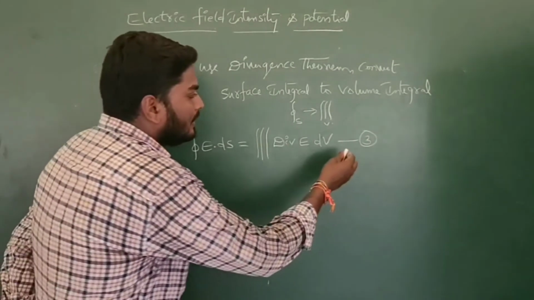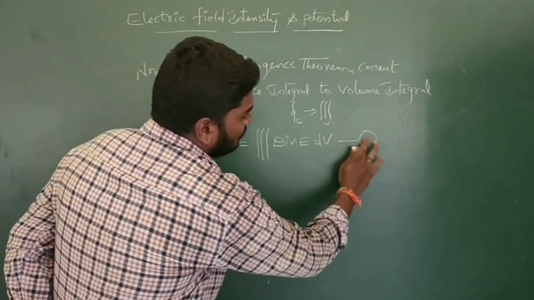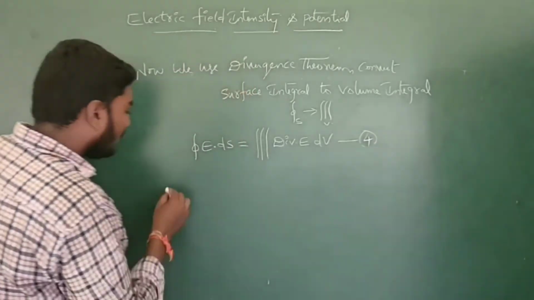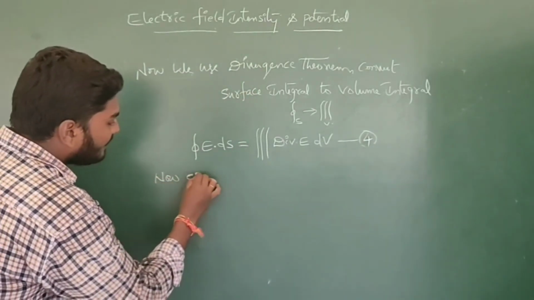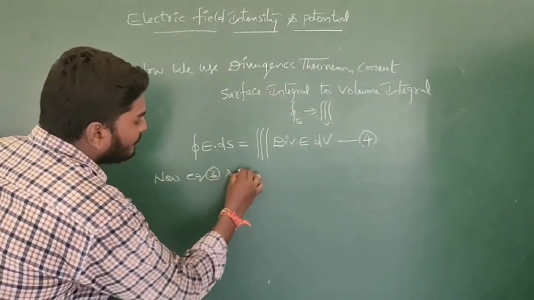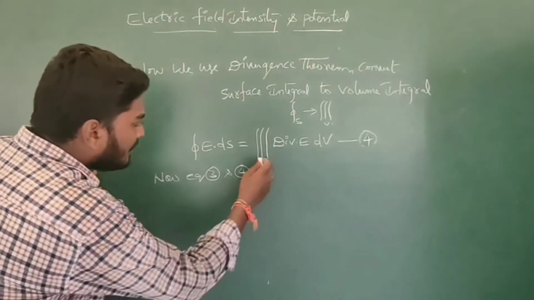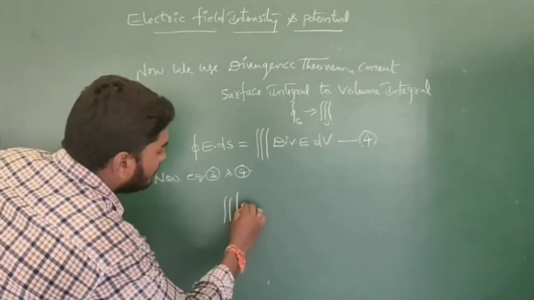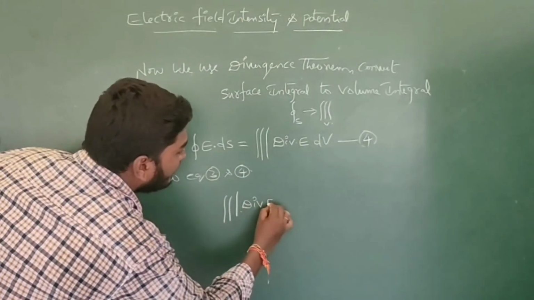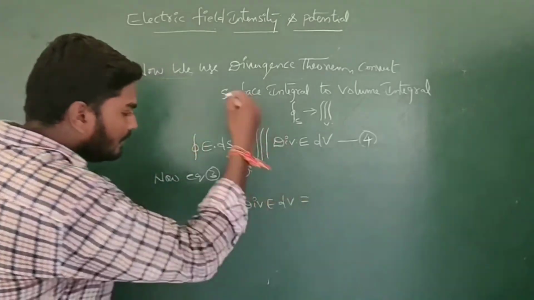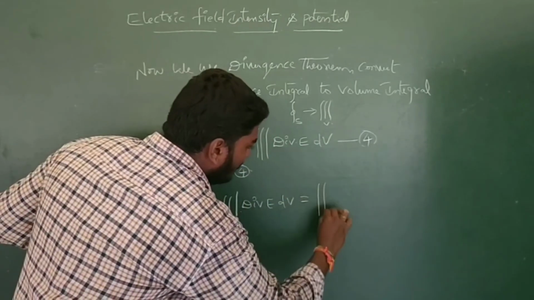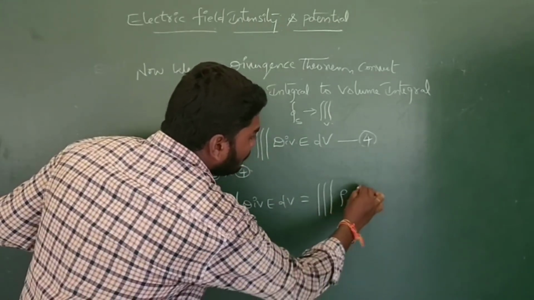Now from equations 3 and 4, the volume integral of divergence E dV equals the volume integral of rho dV.